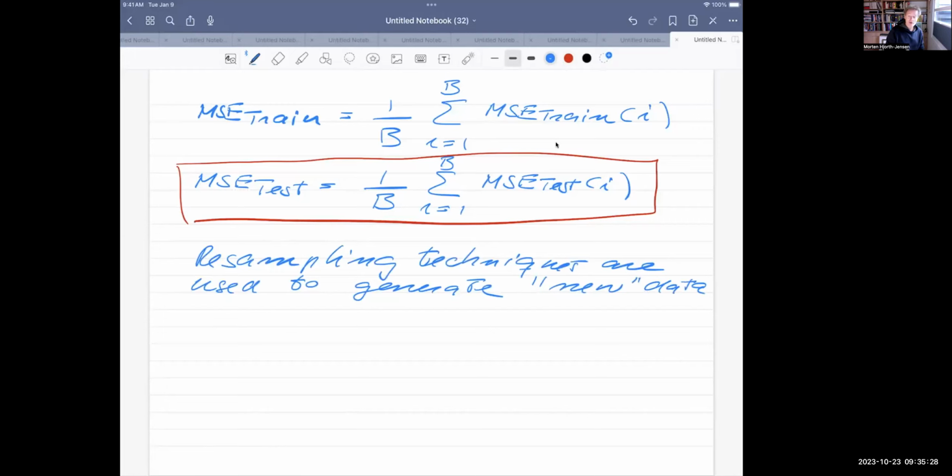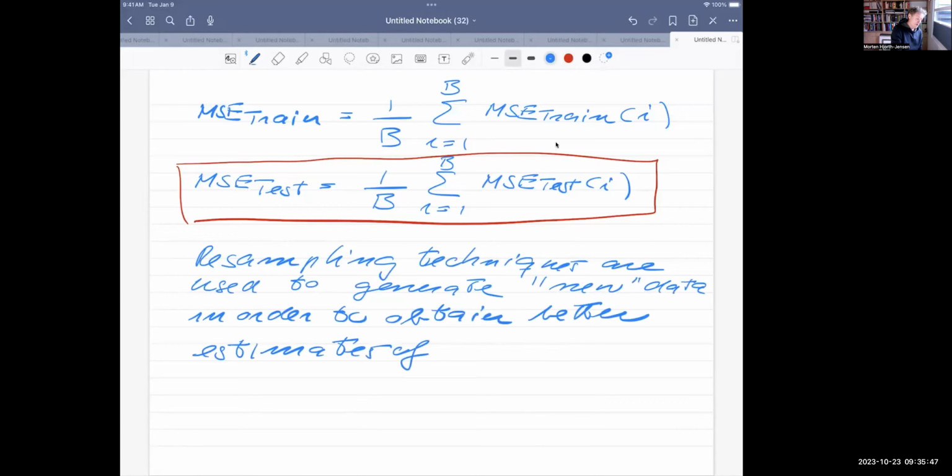So it's used to generate new data in order to obtain better estimates of statistical expectation values.